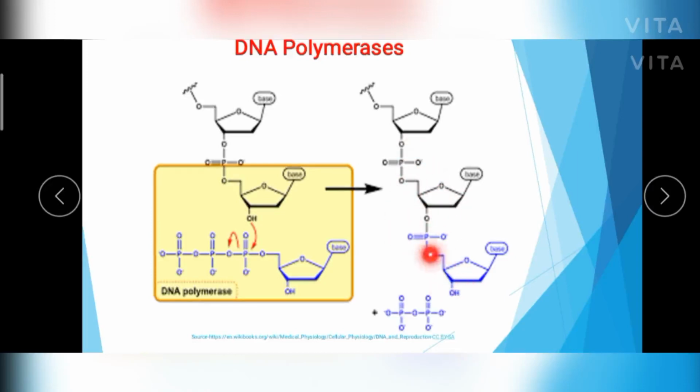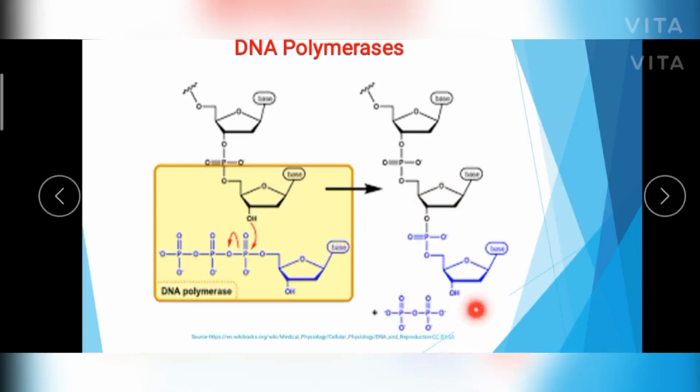So by the formation of the phosphodiester bond between the 5' carbon of this monomeric unit and the 3' hydroxyl group of this strand, during this process the pyrophosphate is removed.